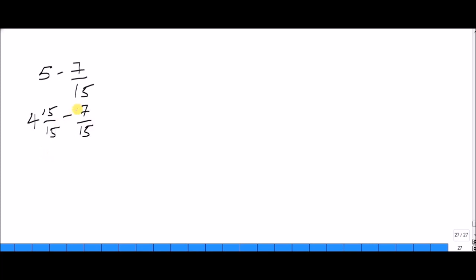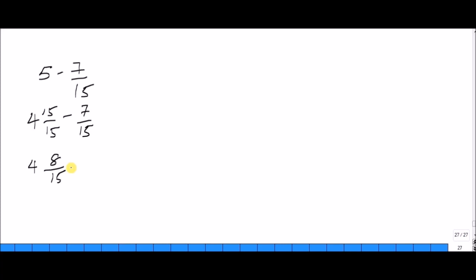So 7 from 15 will leave us with 8 over 15, and we have whole number 4. So that basically is how we would subtract.